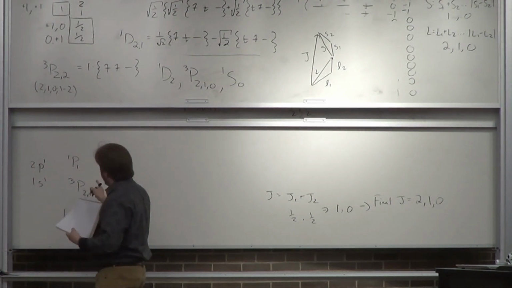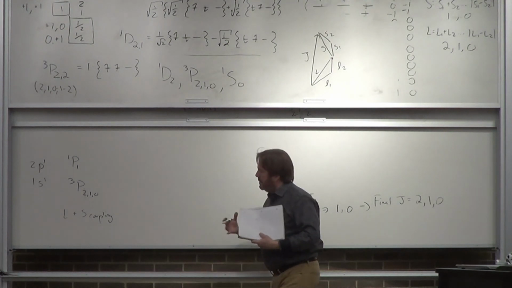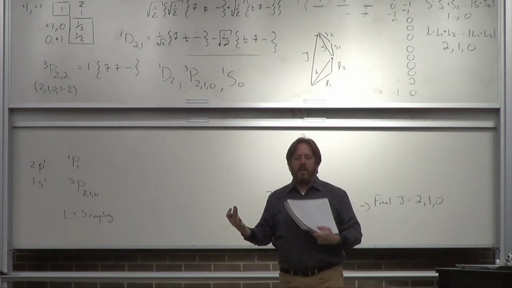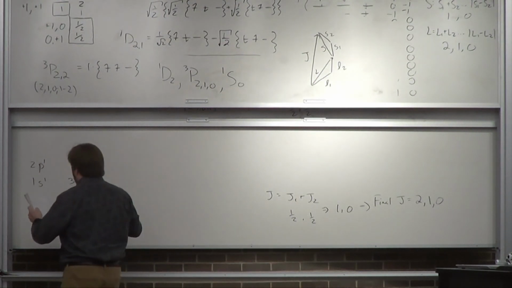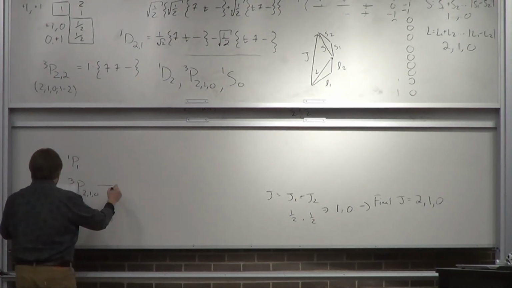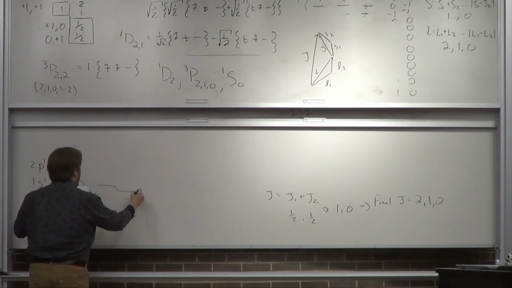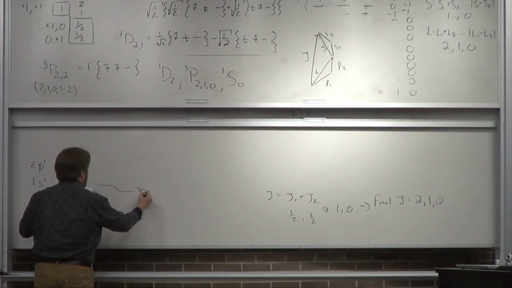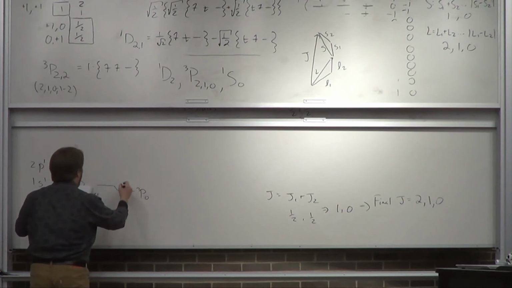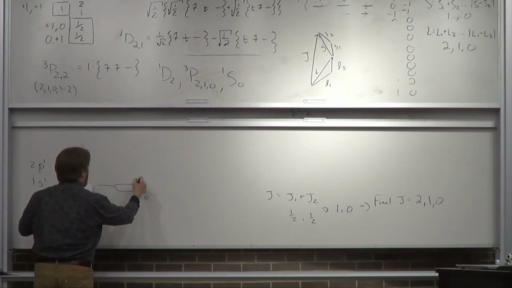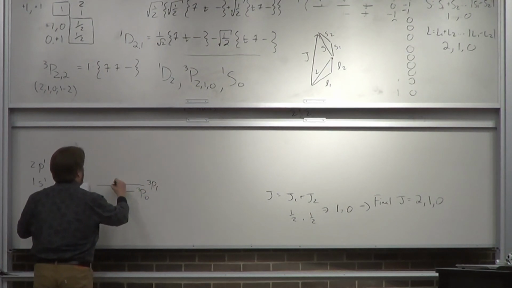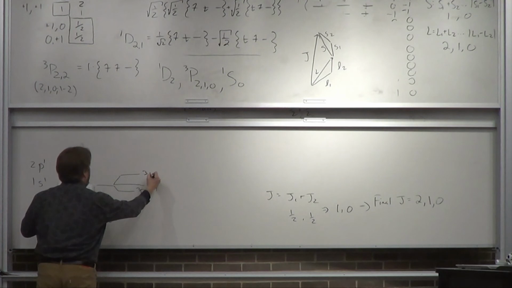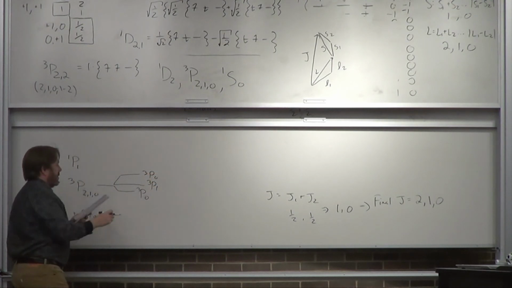So this would be like on the first row, or second row. Now what happens is that spin orbit coupling does things like this. It makes the lowest J state lower in energy. Then you got 3P1. Then you got 3P2.